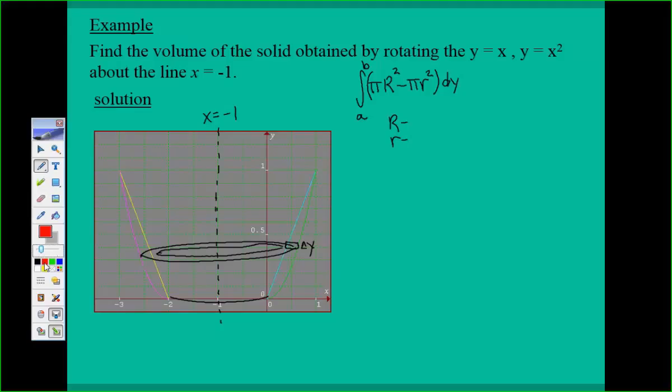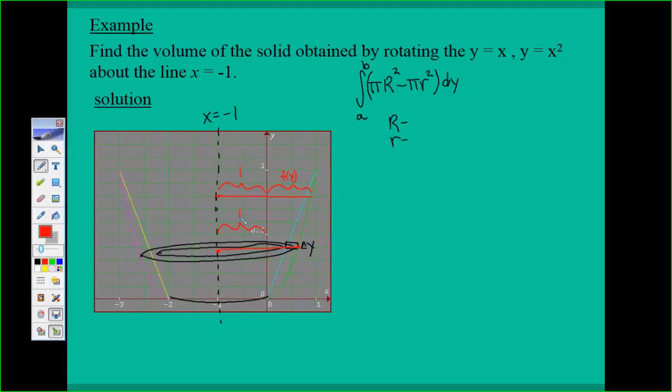Big R is the distance from the center of rotation to the outside function. This is critical in setting up these problems. Understand that big R is the distance from the center of rotation to the outside function. This distance from here to here, for any value, is always going to be 1, and then we're going to add in our function of y.